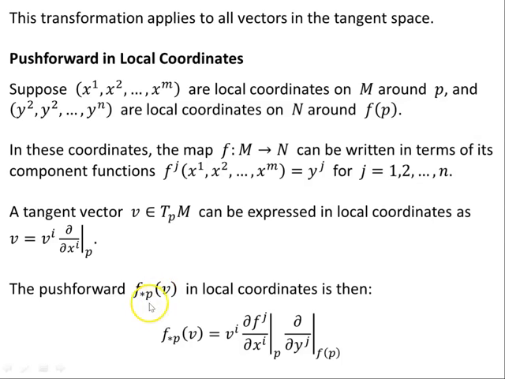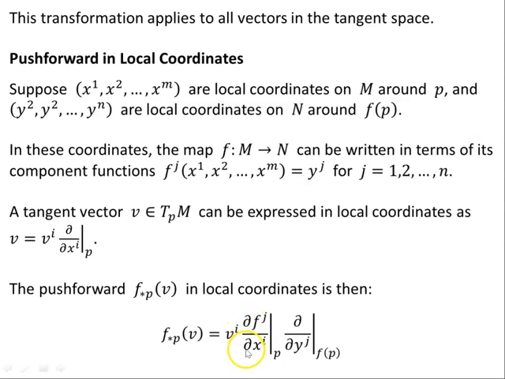Now, the push forward f star P of v, star being the push forward under the map f at the point P, in local coordinates is f star P of v equals vi partial fj partial xi.